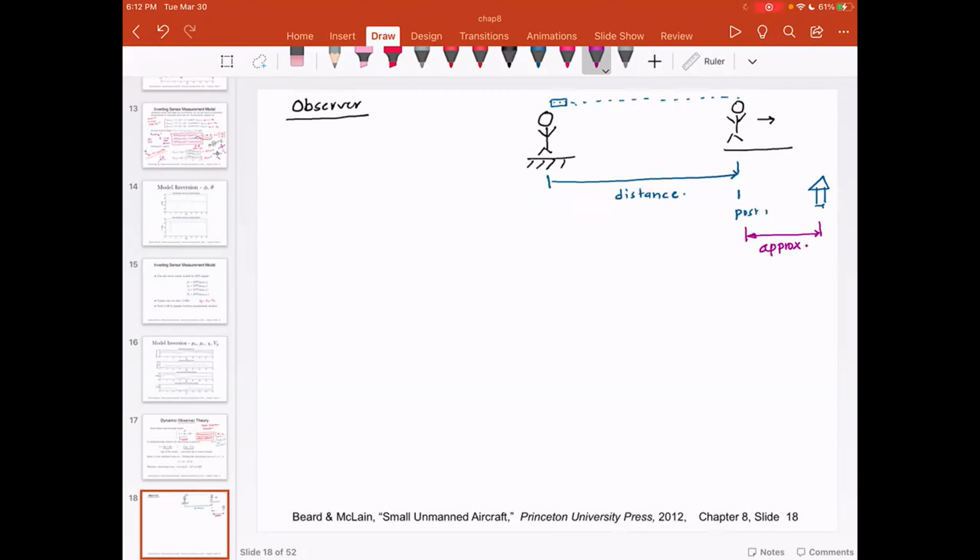So if you were to time it, at t equal to t0 your friend is at this post, or maybe a water hydrant, and then he goes to the second landmark at t1. You find out the time difference, and you know the approximate distance. So you can find v approx, which is distance divided by t1 minus t0.